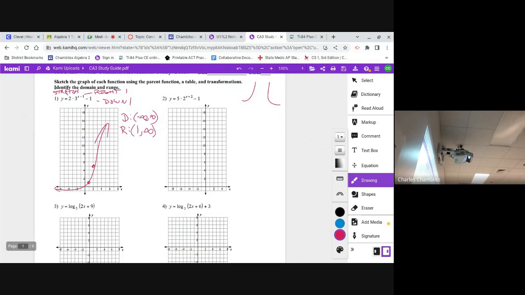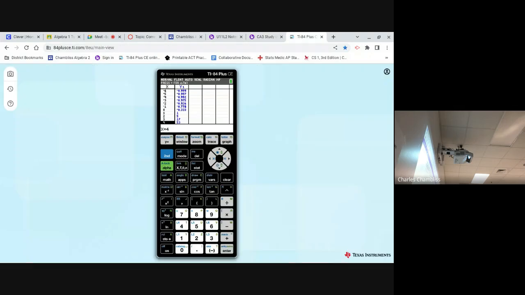Here, that's going to be left 2. It's going to be stretched by the 5. And then down 1. Go to the graph.